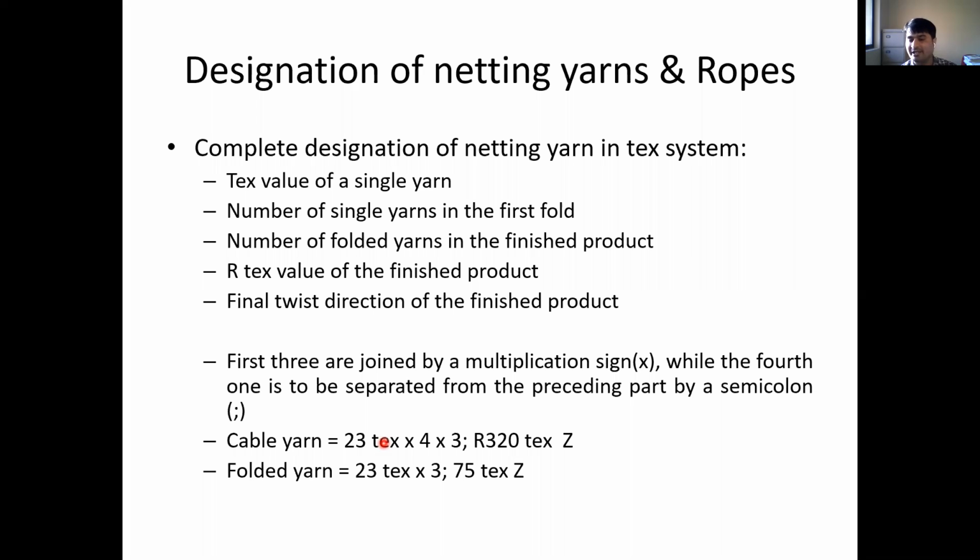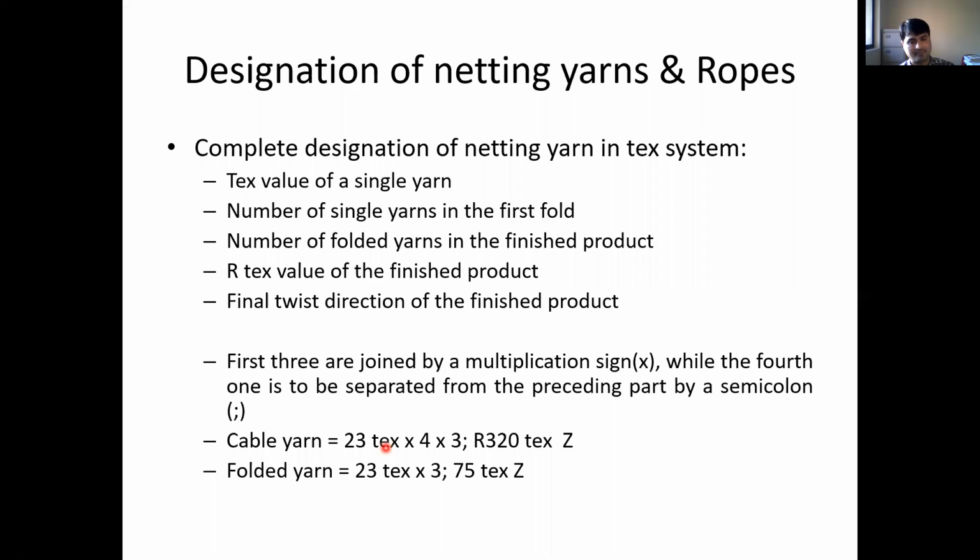Correct. In short, how can we designate this 23 tex? Sir, it indicates 23 gram per 1000 meter of single yarn. Okay, you are correct. That means this is the text value of single yarn. 23 tex means it is the tex value of single yarn.